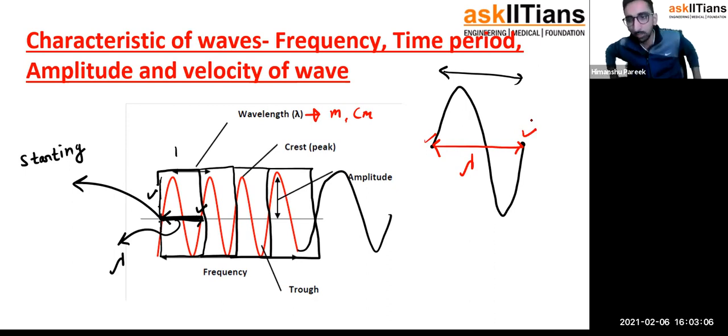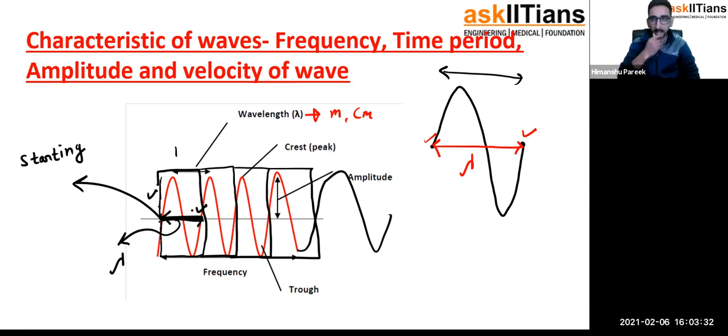That's what we call one oscillation. The distance traveled by the wave in one oscillation is called the wavelength. Now wave means energy, so basically the energy, the disturbance, is traveling forward. That's the wavelength, right?